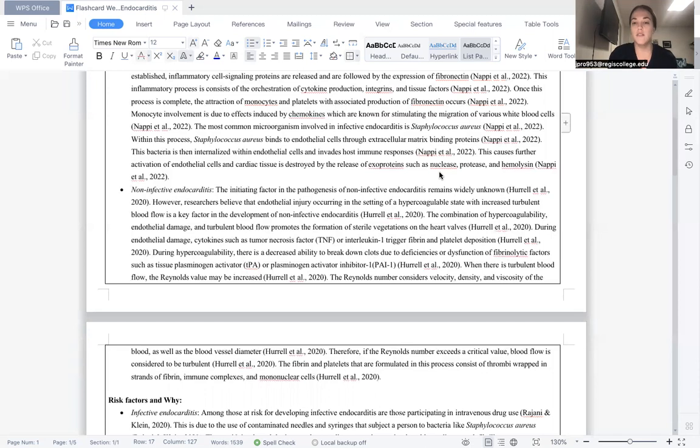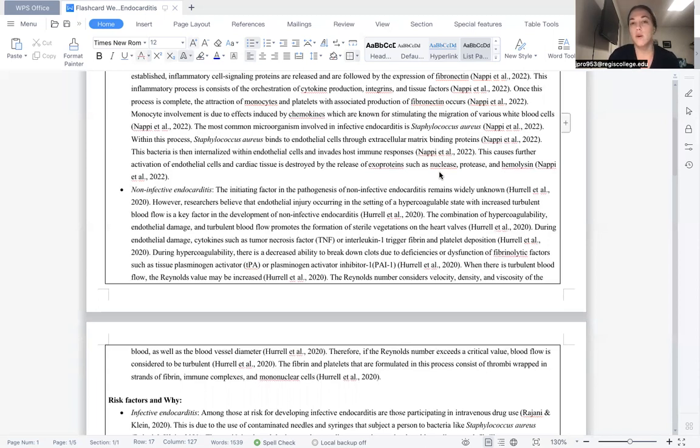The combination of hypercoagulability, endothelial damage, and turbulent blood flow then promotes the formation of sterile vegetations on the heart valves. Within endothelial damage, it's important to know that cytokines such as tumor necrosis factor or interleukin-1 trigger fibrin and platelet deposition.